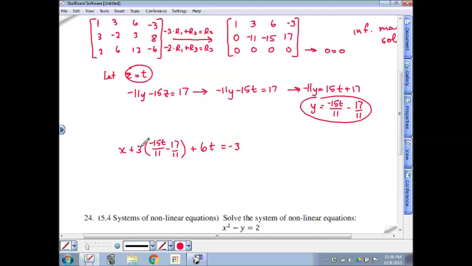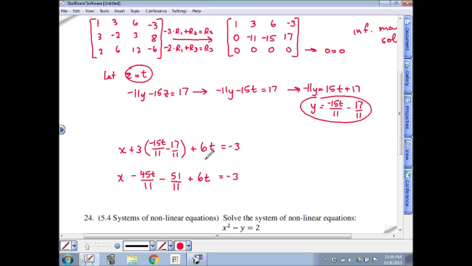So if you distribute the 3, you're going to get x minus 45t over 11 minus 51 over 11 plus 6t equals negative 3.